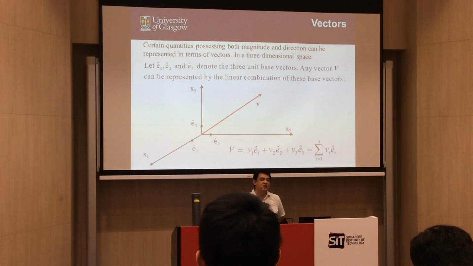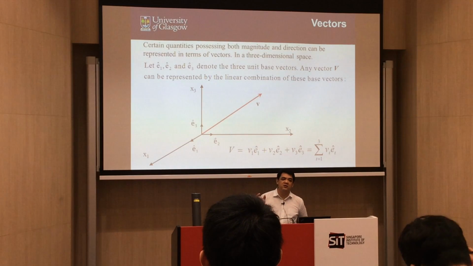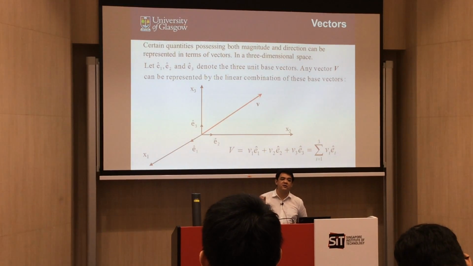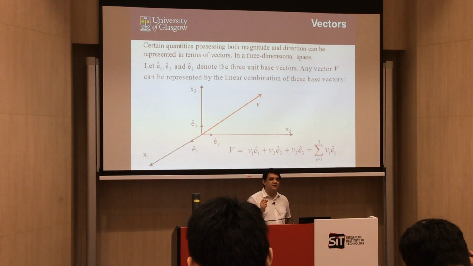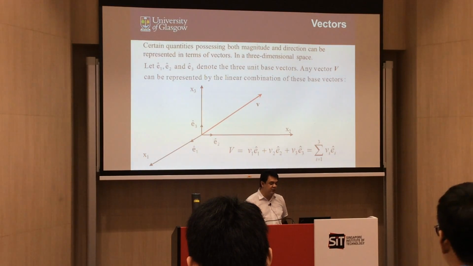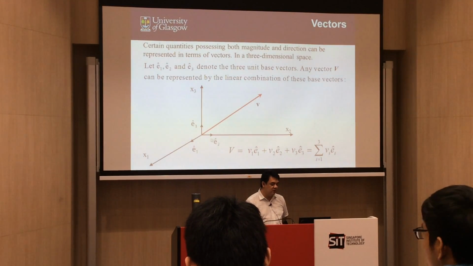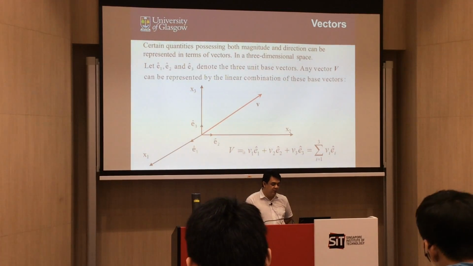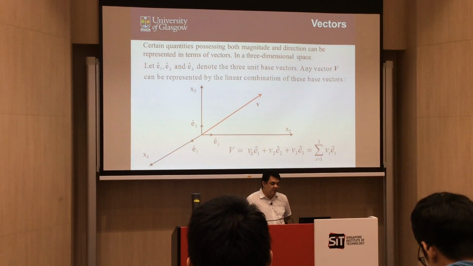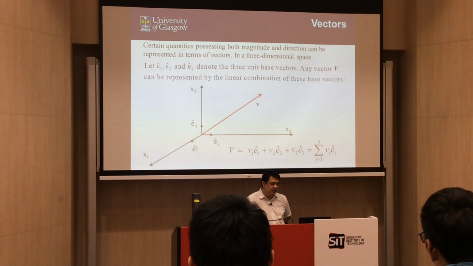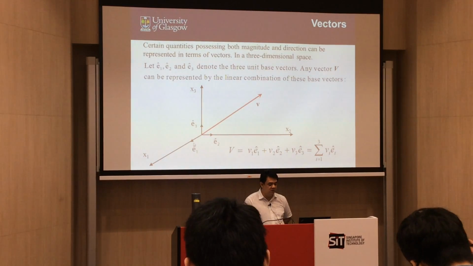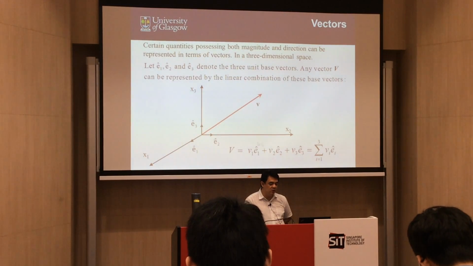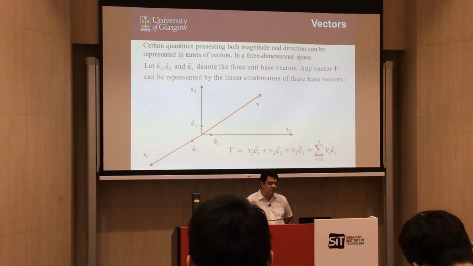Sometimes we associate the magnitude with the unit vector. Okay, meaning that there's a magnitude and then this one will represent the direction. So for example, you have, say, a magnitude V1 associated with this unit vector here. This one magnitude associated with this one, and this one here associated with this one.